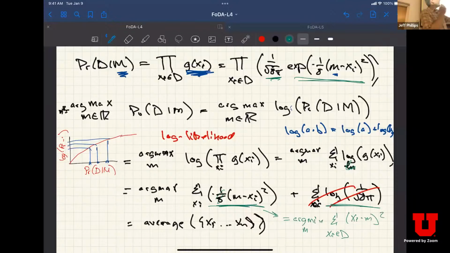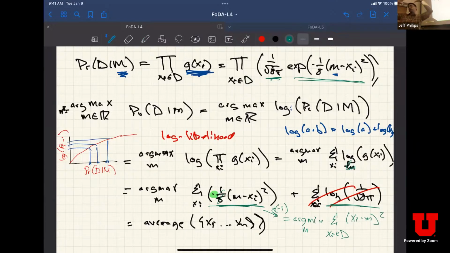Okay, I've changed from an arg max to an arg min because there's a minus sign right here, and I've gotten rid of the minus sign in this conversion. So I've multiplied by -1, and the max goes to a min.